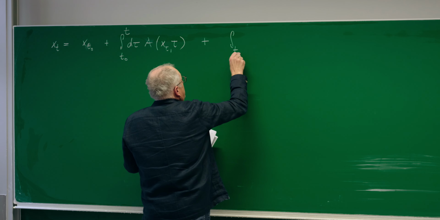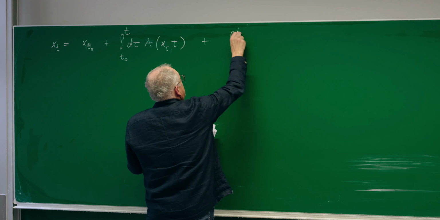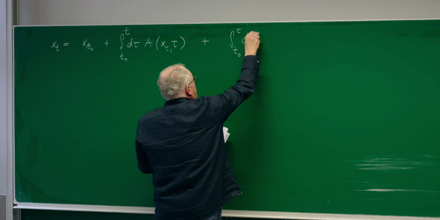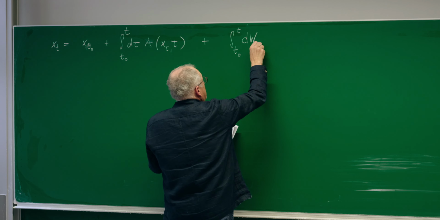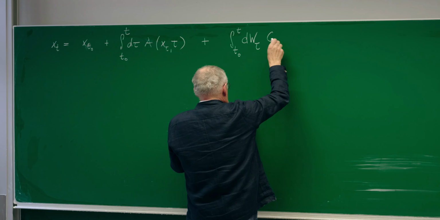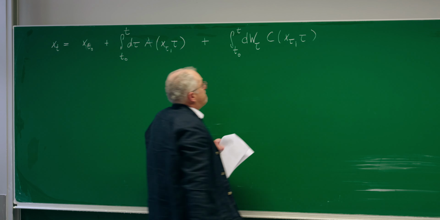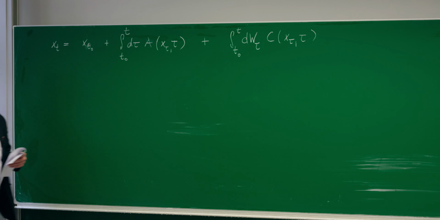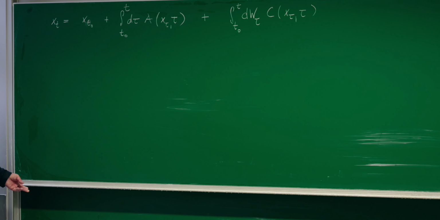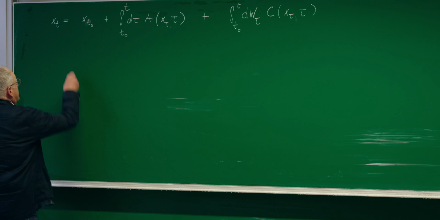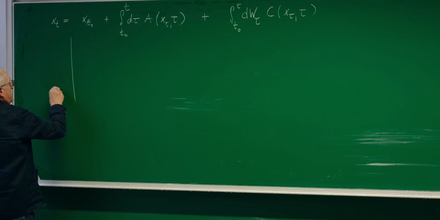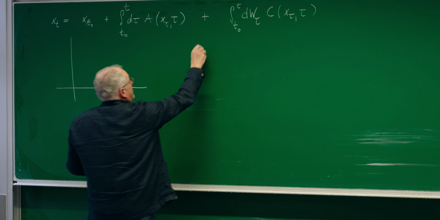That's how you would integrate an ordinary differential equation. And here you also have an integral from t0 to t. But now the integral is over this differential increment that is a random variable. And we have to define what we mean by that. So let me draw this and then show you what the choices are.